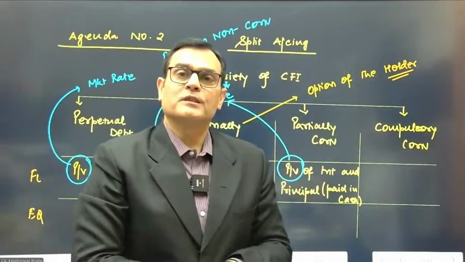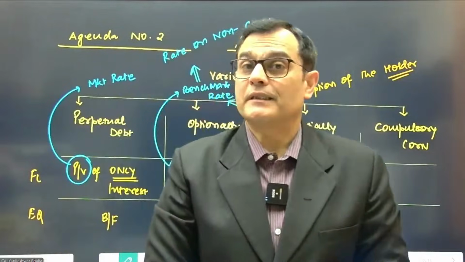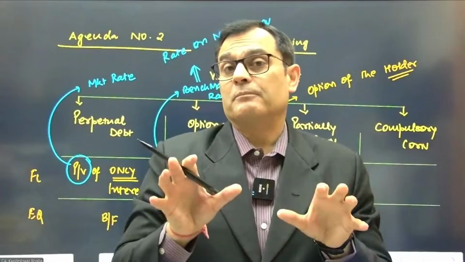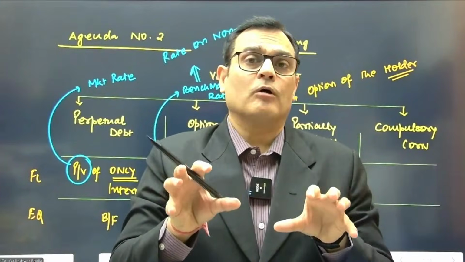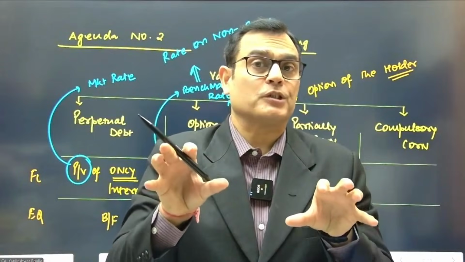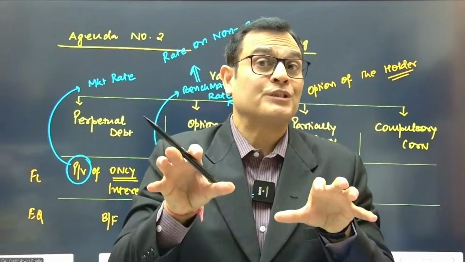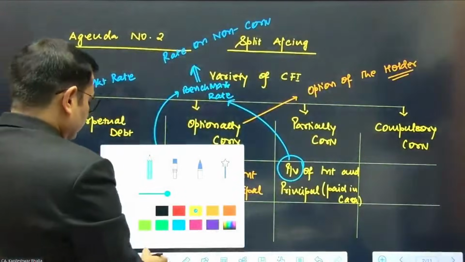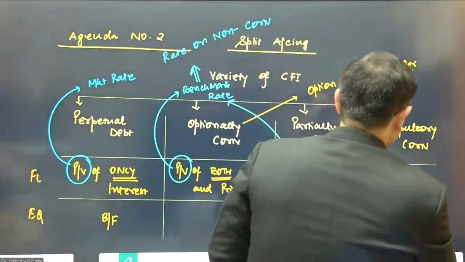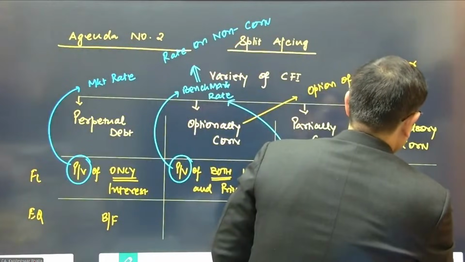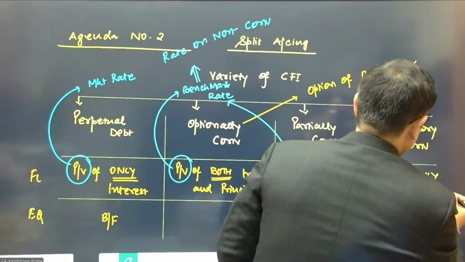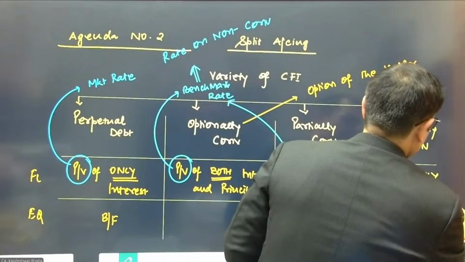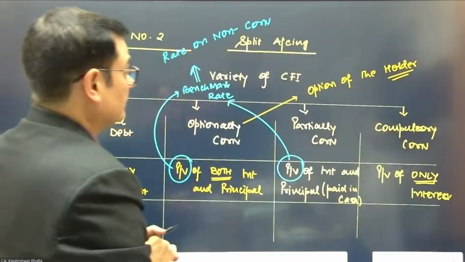Now, compulsory convertible, we're yet to see, but I think we just connected the dots in the previous session as well. When it is compulsory convertible, your obligation to deliver cash is only restricted to the interest element. So when you consider the compulsorily convertible, we take the present value of only the interest. The principal element is paid in the form of shares, so that's not considered.